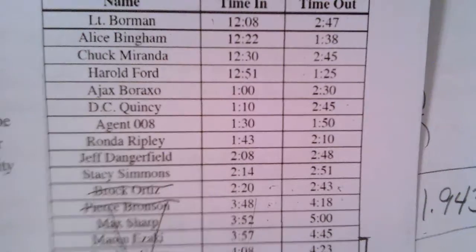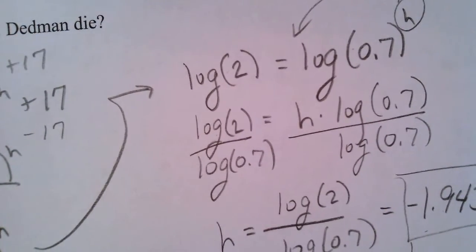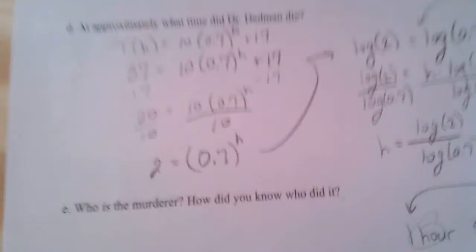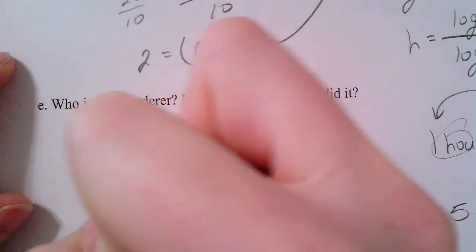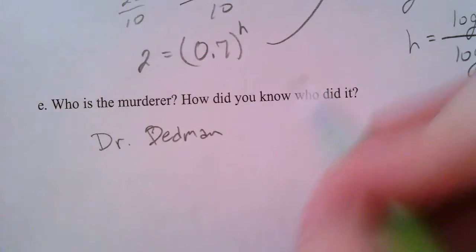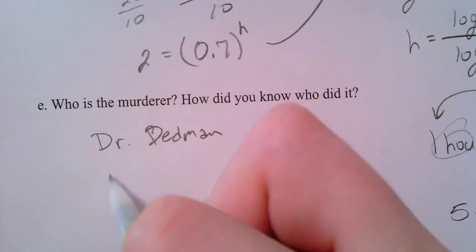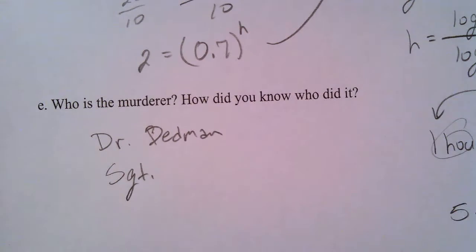And if you're thinking carefully and very critically about this, and also having a little bit of doubt, the only 2 people that were in the building at all had to have been Dr. Deadman and one other person, which was Sergeant Faust, I believe.